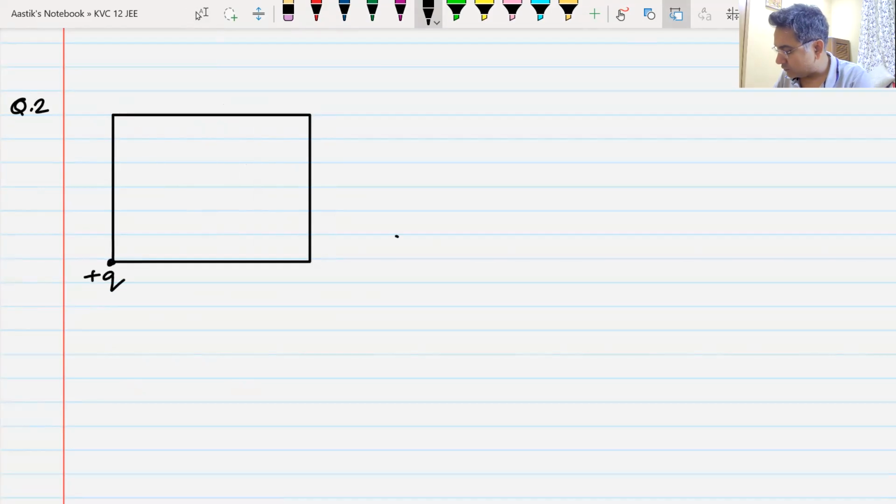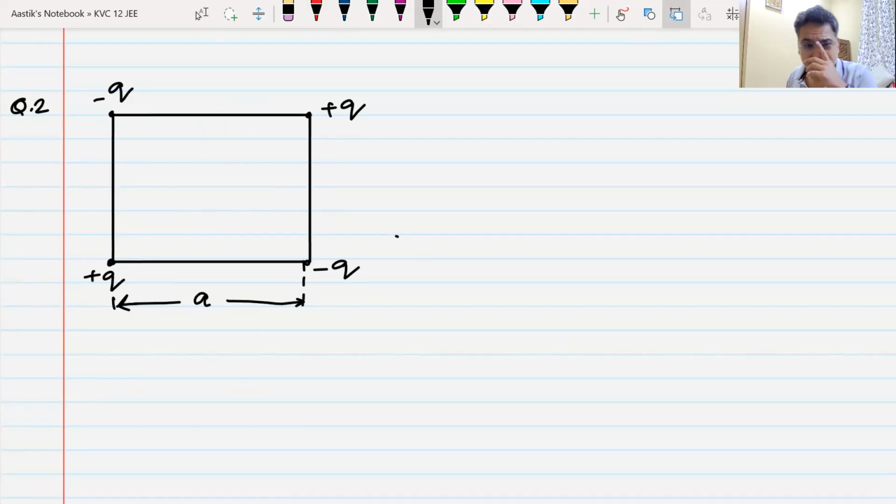So this is plus Q, this is minus Q, and this is minus Q. The arrangement could be anywhere like this. The edge length of this square is a. Again, the same question: find the electrostatic potential energy, the electrostatic interaction energy of this system. You have 2 minutes to do it.